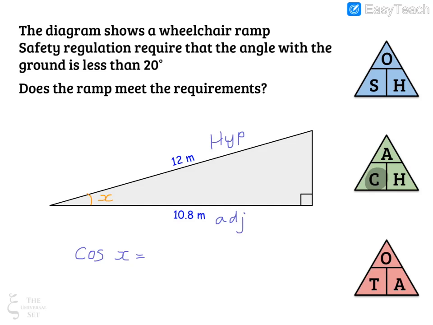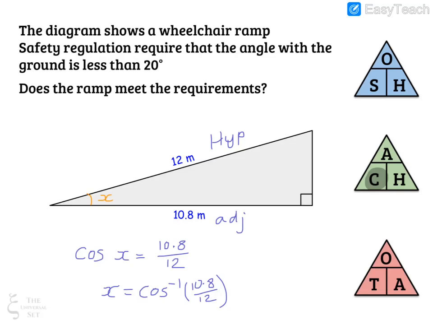So that's 10.8 over 12. So cosine of X is 10.8 over 12, which means to get X out of that cosine, we need to do the opposite of cosine. That's called inverse cosine. So we do the inverse cosine to this 10.8 over 12. Inverse cosine of 10.8 over 12 is what I'm going to type in my calculator.